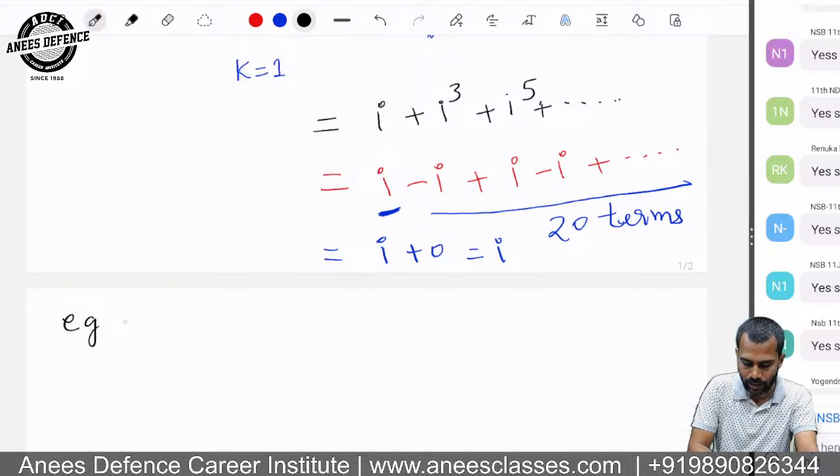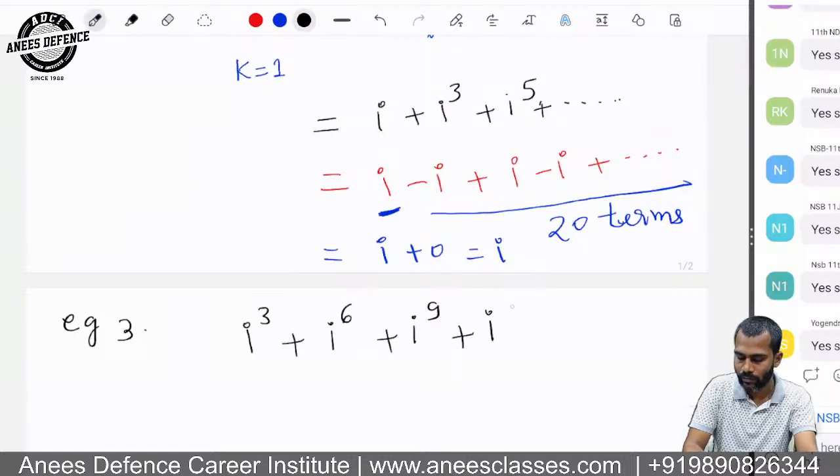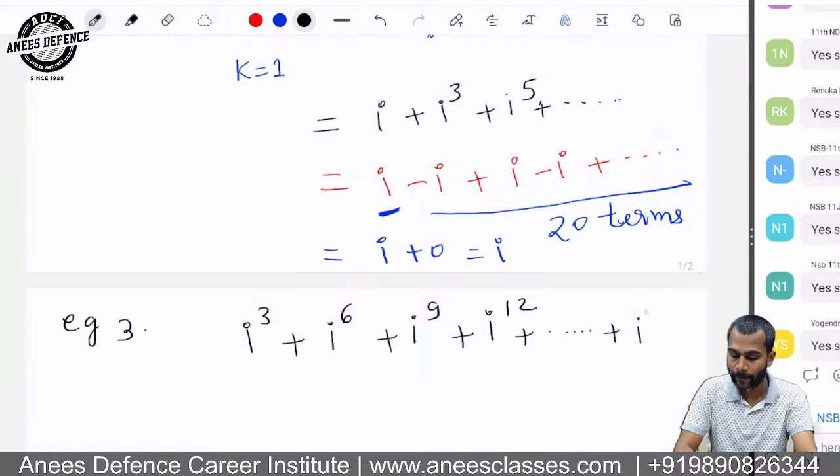Example number 3. Suppose we have iota cube plus iota to the power 6 plus iota to the power 9 plus iota to the power 12 and so on, plus iota to the power 2022.